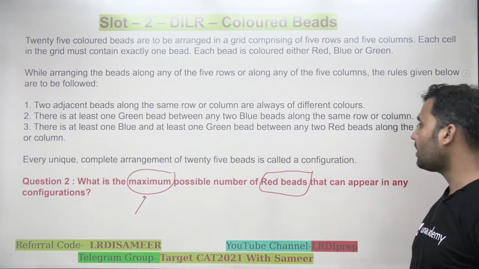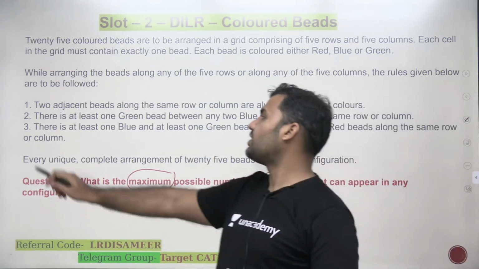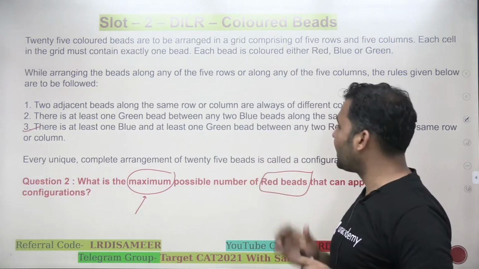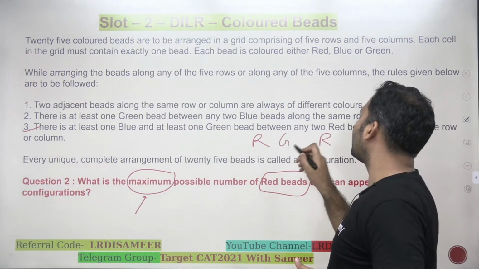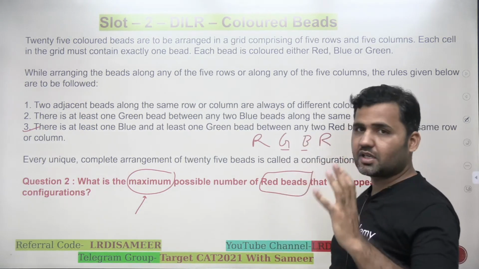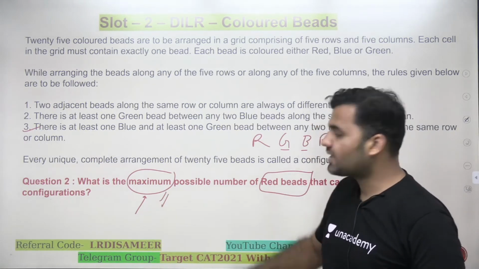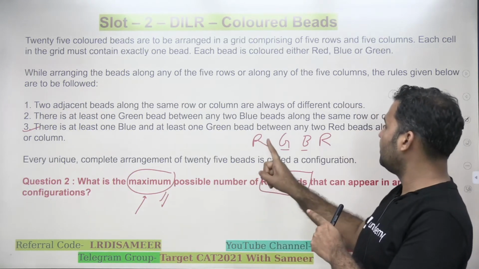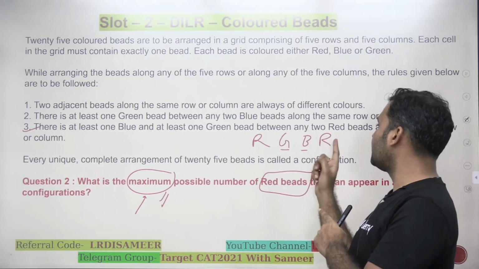So to maximize the red beads, I will look at condition number 3 first, because this is the condition talking about the red beads. It says that between any 2 red beads, I need at least 1 green and 1 blue. And logically, maximizing the red beads means I need to minimize the number of green and blue beads between the 2 reds.